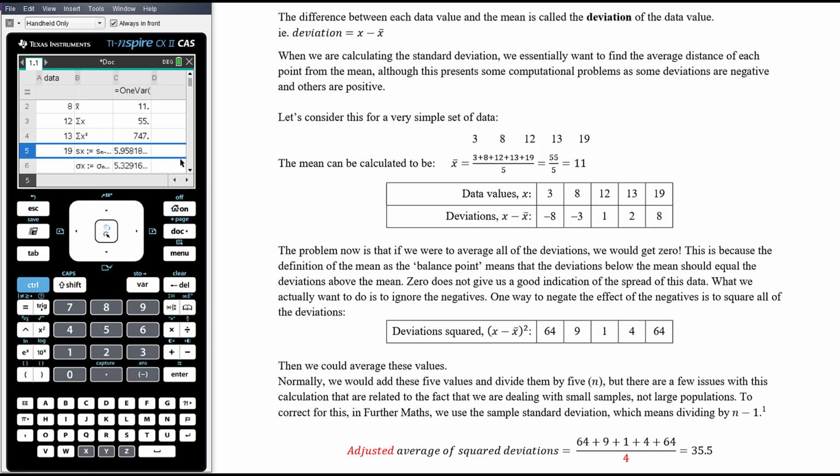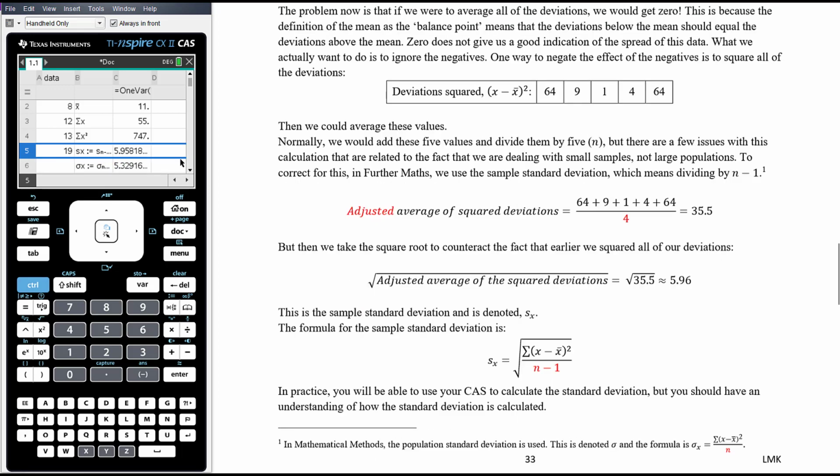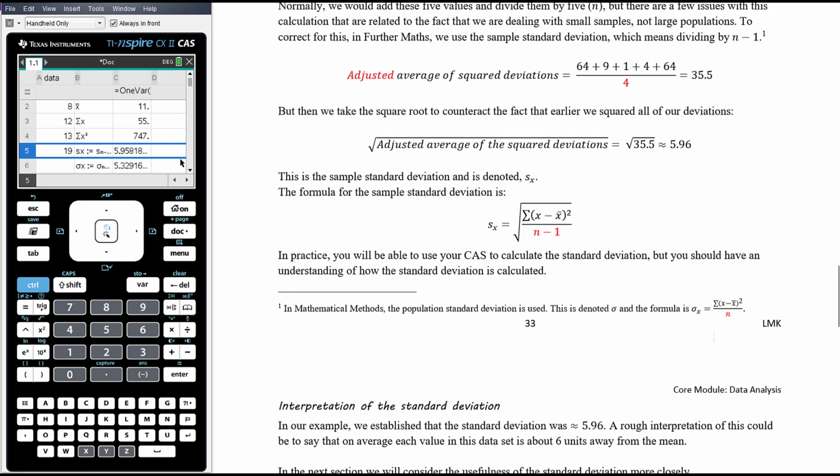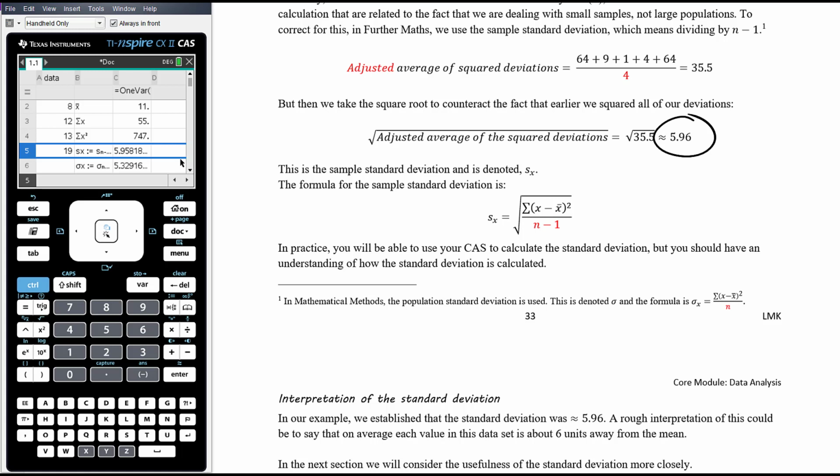So we're always going to use this sx, and that 5.95, that matches what we calculated here. Square root of 35.5 was approximately 5.96, that's a rounded value, and that matches with what my CAS has calculated. Reminder, there's also your n value, so there's 5 bits of data, and then there's also the 5-figure summary down here. So you get all that information in the same calculation.